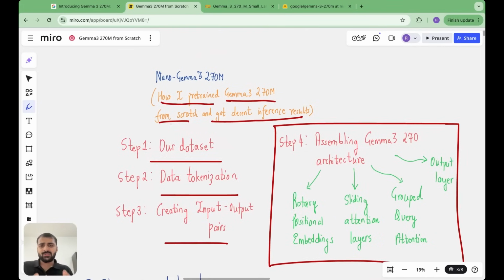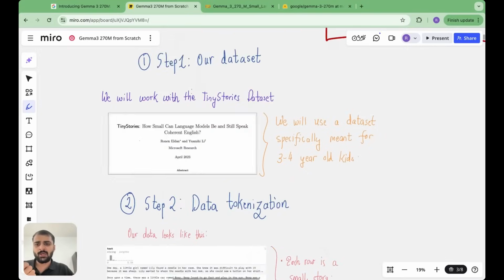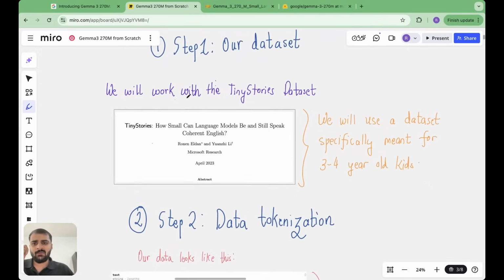I wanted to demonstrate this whole procedure on a data set which is not too broad, and the data set should be specific to a particular domain. So I went ahead with this TinyStories dataset.